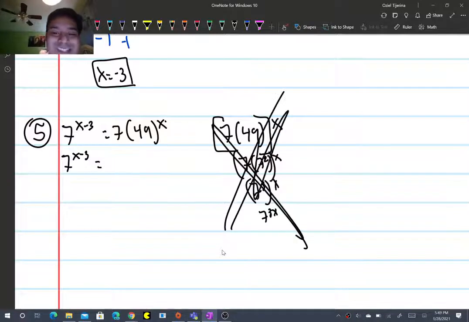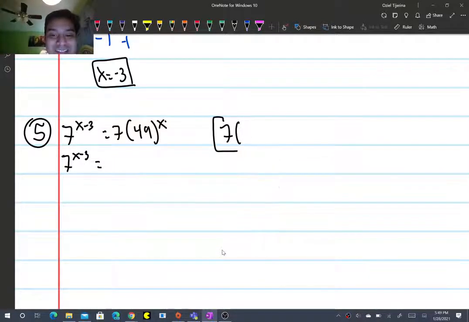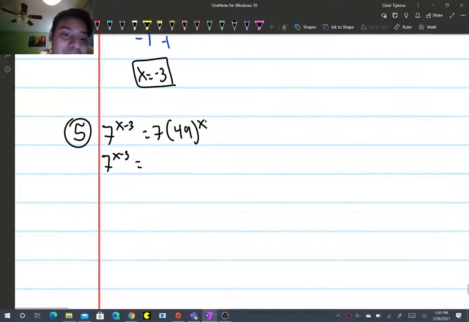No, don't do this. It's wrong, okay? Don't do that because that's going to give you a false answer. Now, what you actually do, you have to put it in terms of 1. Now, I know what you're thinking. You might think, why would I want to put it into 1 if it's already 7, right?